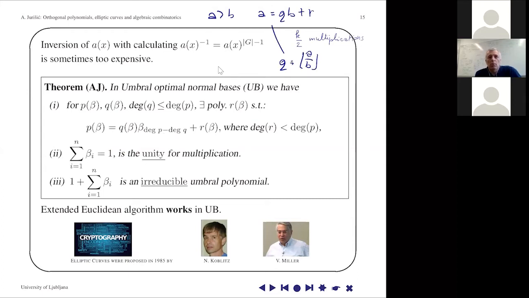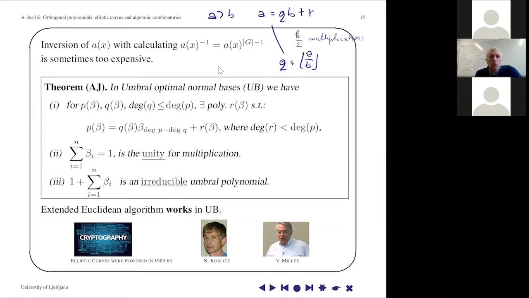You would just multiply with beta with index consisting of the difference between the degrees of p and q, and you would cancel the first term, and the remainder would be smaller. So you could do what we usually do in the Euclidean algorithm.